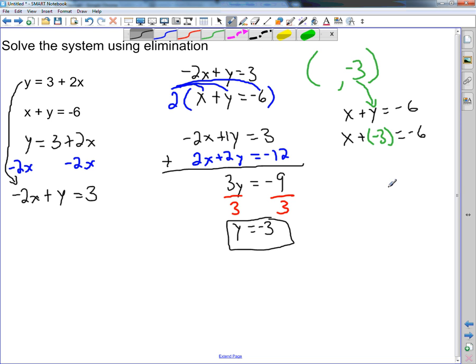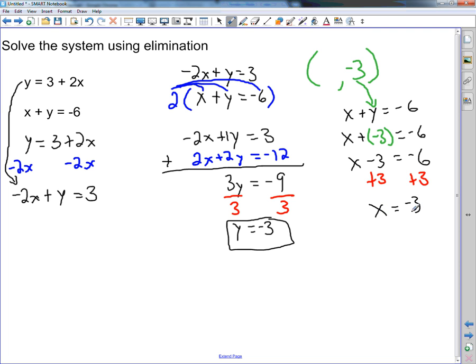And go ahead and simplify. So x minus 3 equals -6. Add 3, add 3, and we get x equals -3. So I have -3 is the x value. Again, notice that we have the exact same solution.